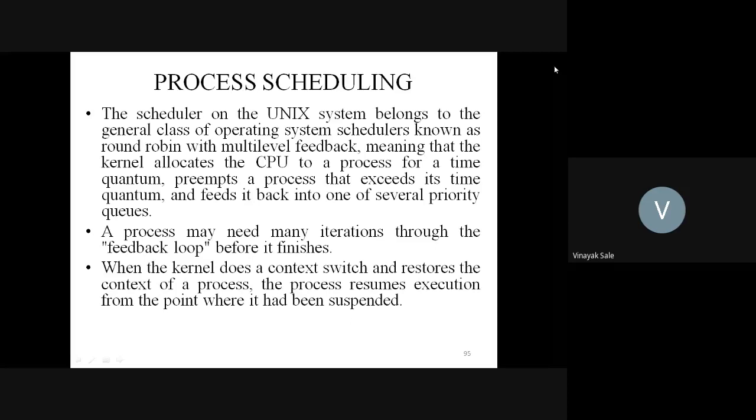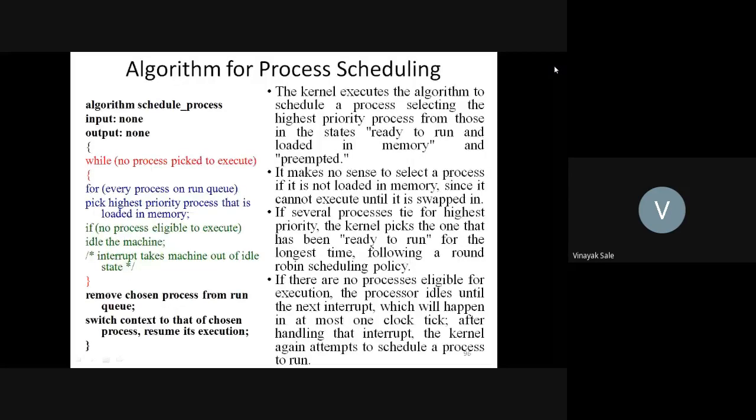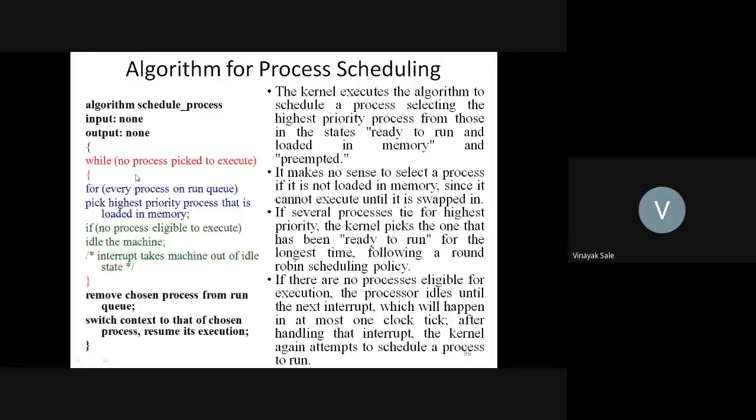So this is the algorithm for process scheduling. For this algorithm, the input is none and the output is also none. While no process is picked up to execute, check for every process on the run queue.